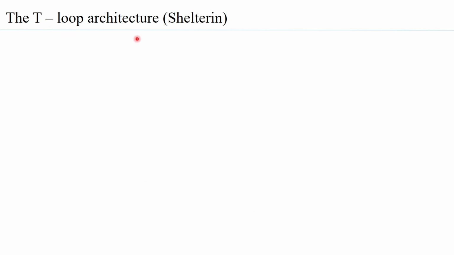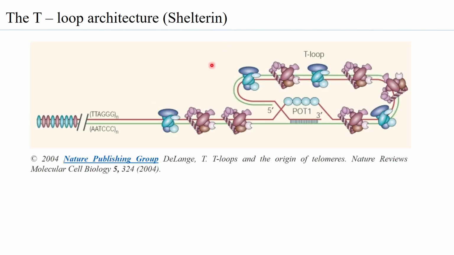Now let us look to understand the telomeric region. What is the T-loop architecture? The T-loop architecture has a complex called Shelterin. The name Shelterin is because the entire complex helps in protecting the ends of the chromosomes. When you look at the DNA, you will find that the telomeres begin from here.